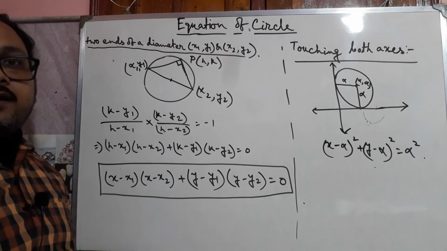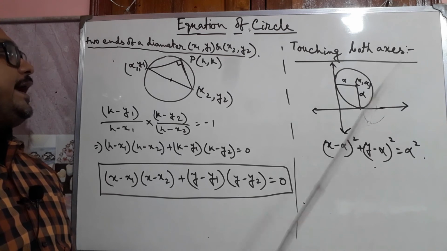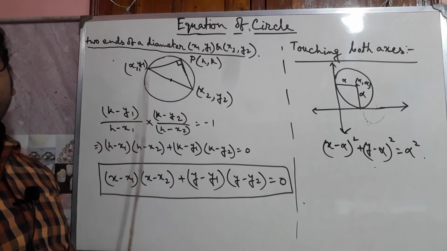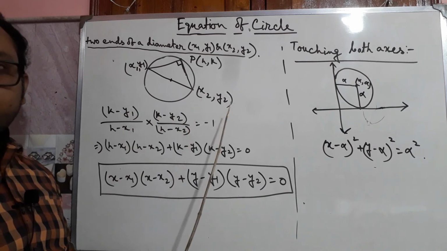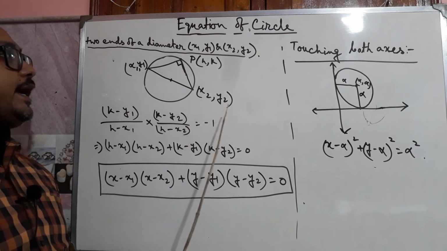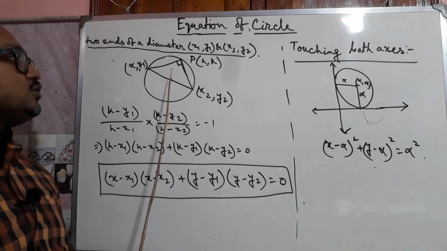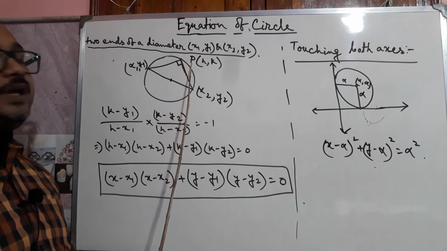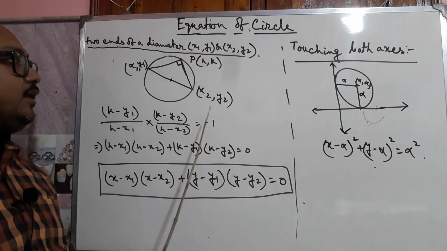Equation of a circle whose endpoints of a diameter are (x1, y1) and (x2, y2). Again, we are going to find the locus of an arbitrary point, let that point be P (h, k) on the circle.